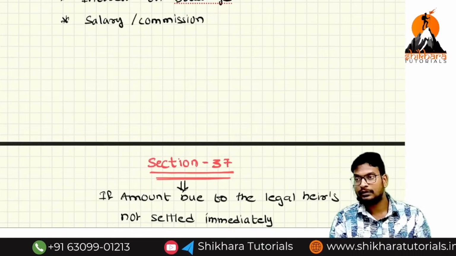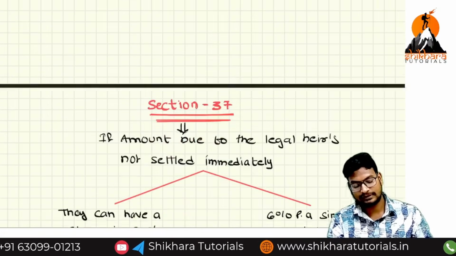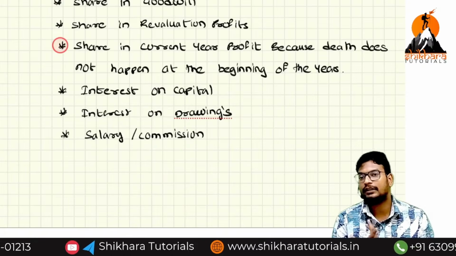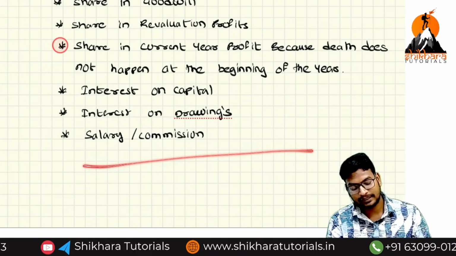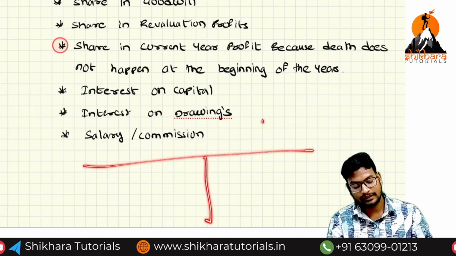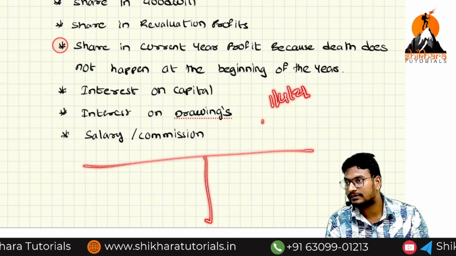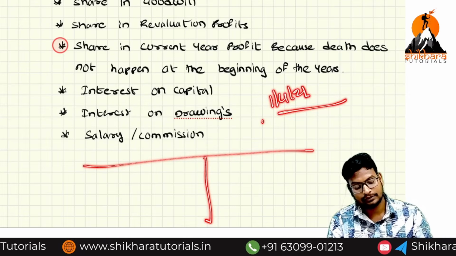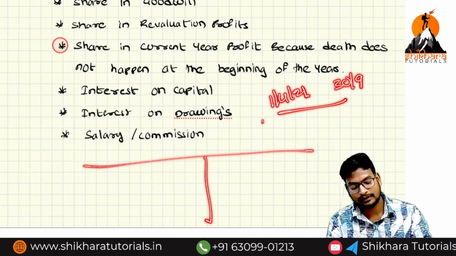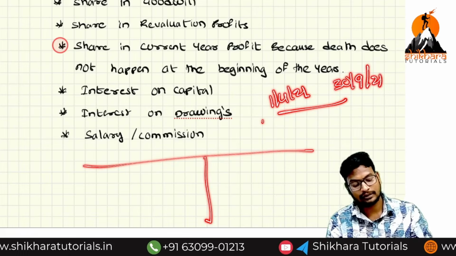Because retirement can be planned, but death cannot be planned. So in the same process, what extra account do we need to prepare compulsorily? The P&L appropriation into 2 parts. Imagine our financial year starts from 1/4/2021, and the death of a partner happened on 30th September 2021.